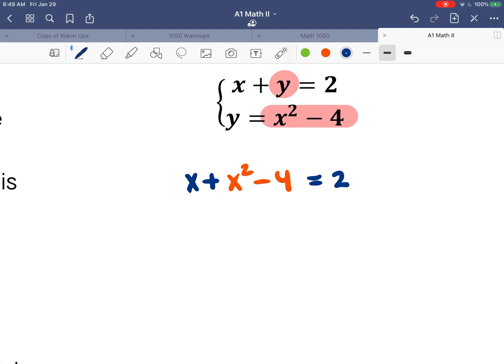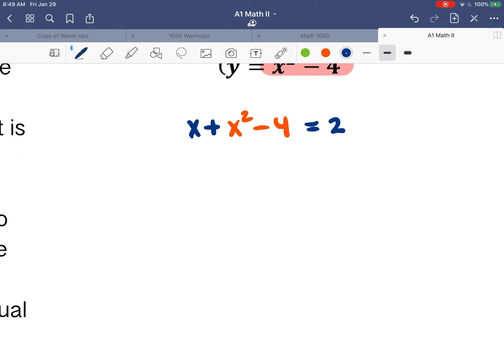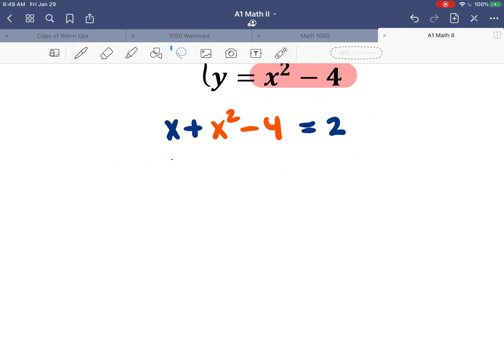So all we did was insert x squared minus 4 into the equation where y was. The resulting equation looks almost like a quadratic that we could solve, so we're going to do a little bit of manipulation here to make this something more convenient to work with.